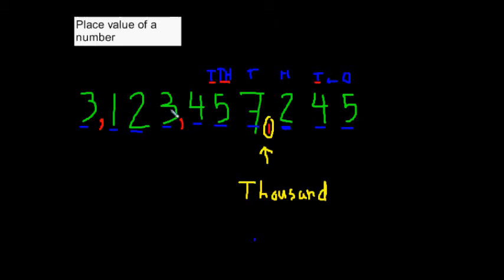All the numbers that I'm going to write in this area are thousands, because the comma means thousand.